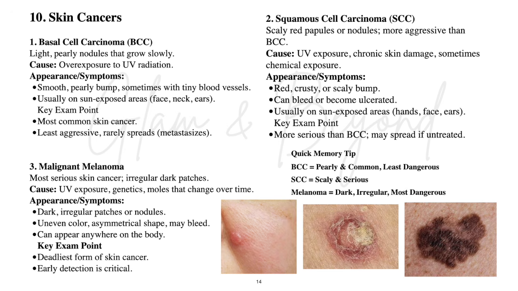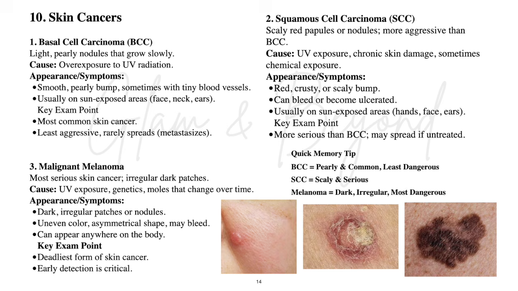Number 2, squamous cell carcinoma, SCC. It is described as scaly, red papules or nodules, more aggressive than basal cell carcinoma. Cause will be UV exposure, chronic sun damage, sometimes chemical exposure. Appearance, symptoms, red crusty or scaly bump.